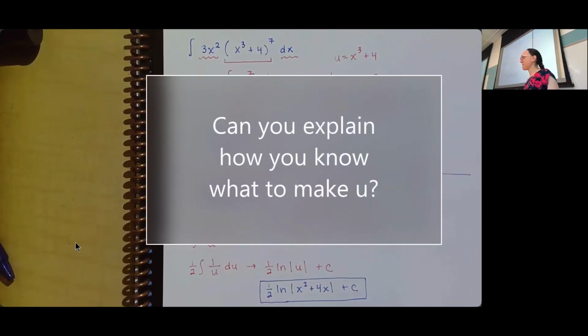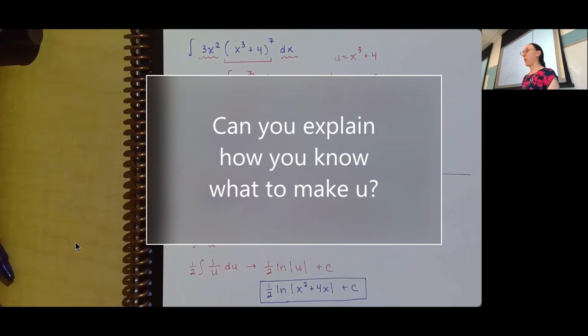What's your strategy for choosing which one should be used? So anytime, and I will tell you, the strategy is going to be different when we do integration by parts. So for u substitution or just substitution, I am choosing u based on which function has its derivative in the problem.